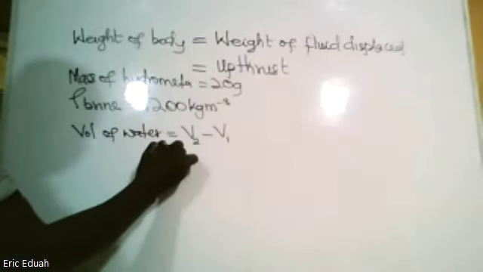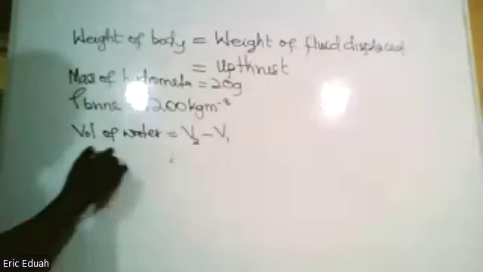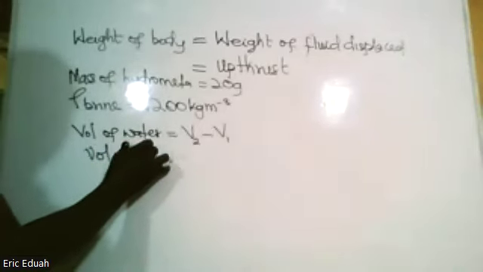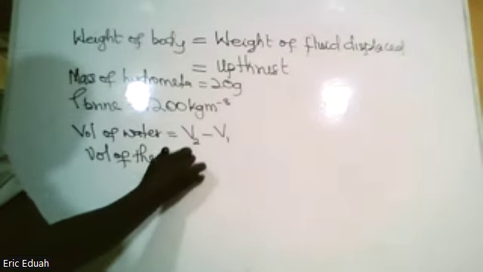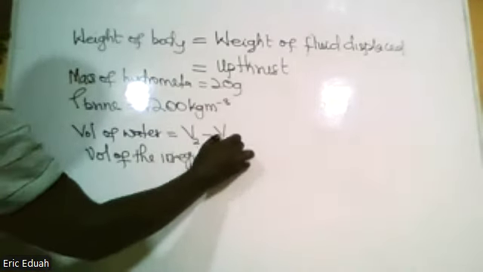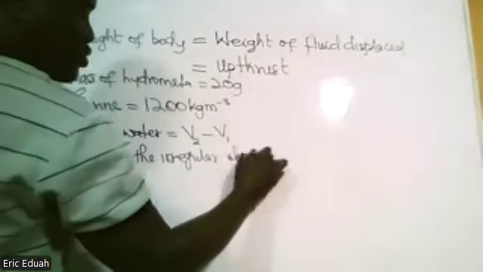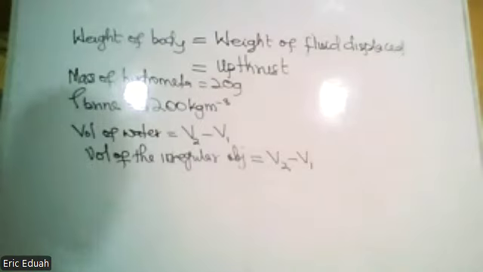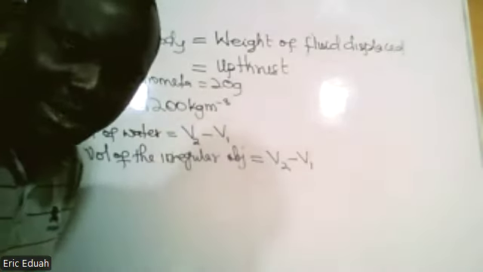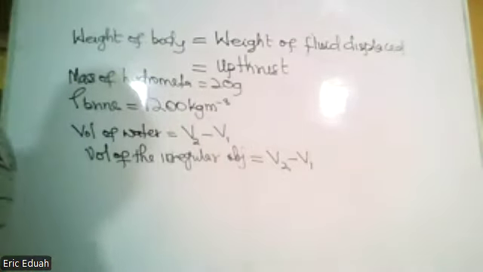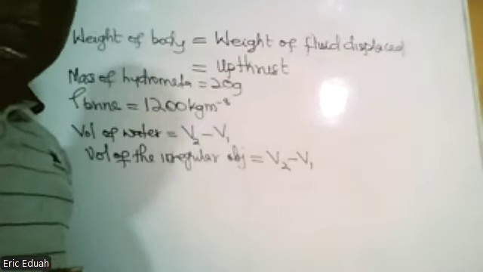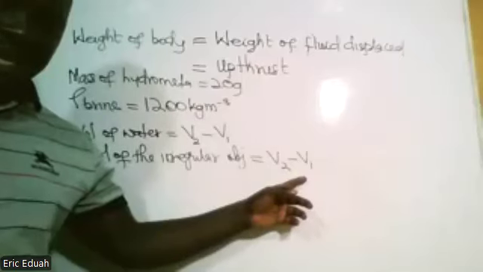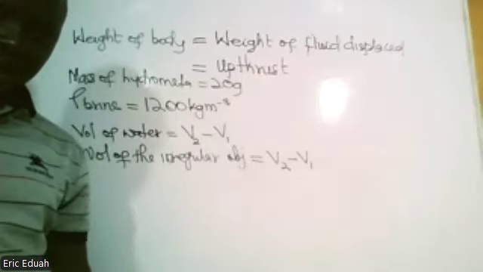And this is the volume of the irregular object, V2 minus V1. Then this is used to determine density. So weighing to get the mass, then you divide the mass by this, and that is the density of the irregular object.